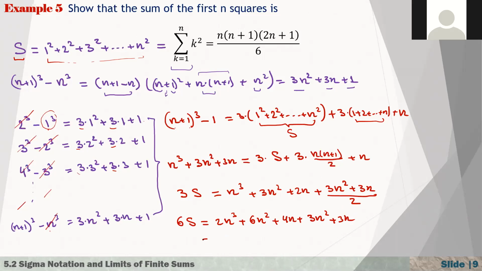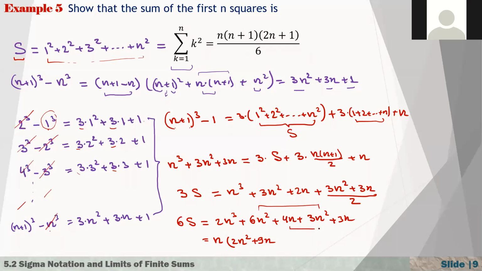So number one, actually n is a common factor. I can take this out, right? N is a common factor. I don't have any n cubed here, so here we have 2n squared and 6n squared. So here 6n squared plus 3n squared, that's equal to 9n squared. So here we have plus 9n, right?